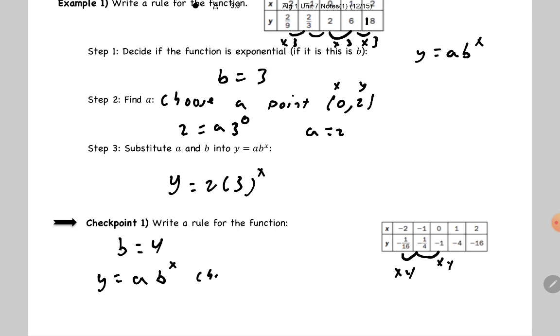We're going to choose a point. I'm going to choose (0, -1), because that seems to be the easiest. So y, which is -1, equals a, which is what we're looking for, times b, which is 4, to the -1.